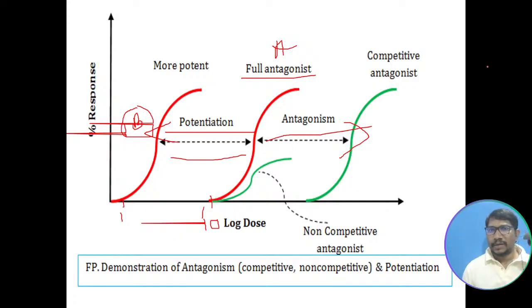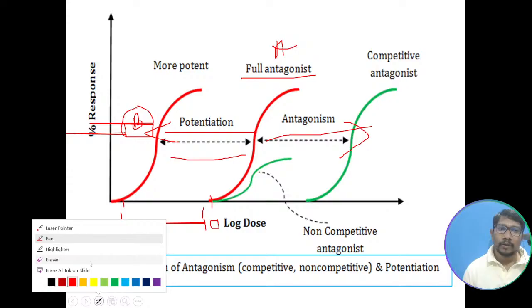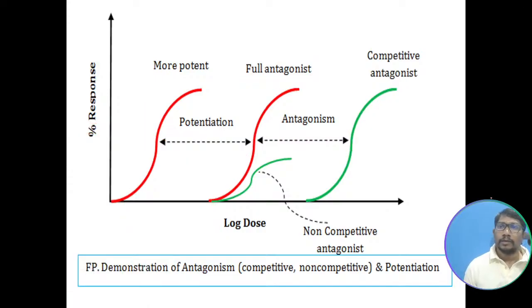Now shifting towards the right side may be either parallel or non-parallel. तो ये log dose response curve जो है, as compared to full agonist.